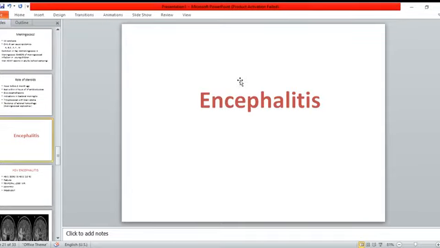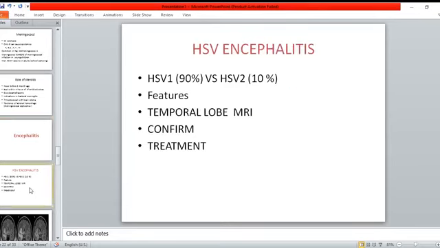The patient usually presents with severe headache, vomiting, depressed conscious level, and seizures, and these are all evidence of encephalitis. So confusion and decreased conscious level and seizures in a patient with no evidence of meningitis. That's usually a scenario of encephalitis presenting acutely.